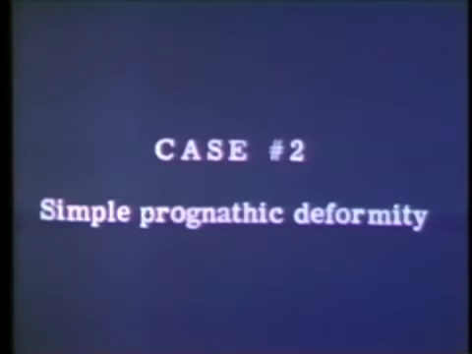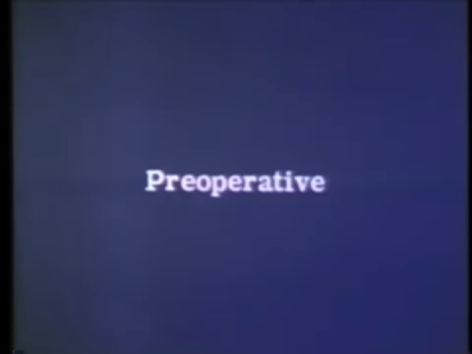We'll go through a series here of pre- and post-operative views to suggest some of the range of variables in the intermaxillary disharmonies that can be corrected by this procedure.